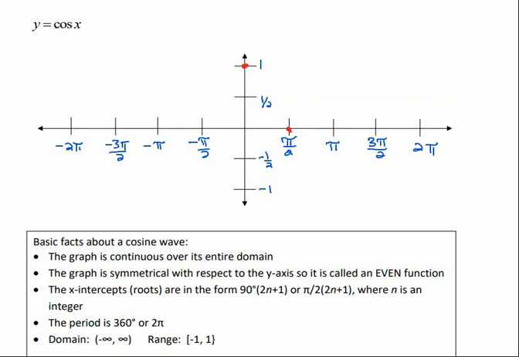At pi, or 180 degrees, the x value is -1. And at 3 pi over 2, or 270 degrees, our x value is 0 again. And then at 2 pi, it goes back to 1.